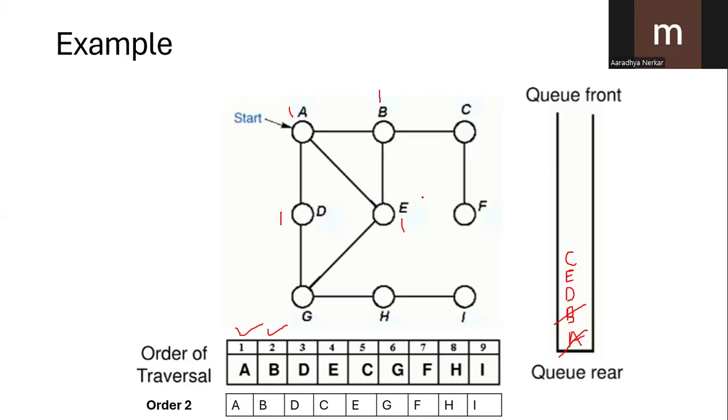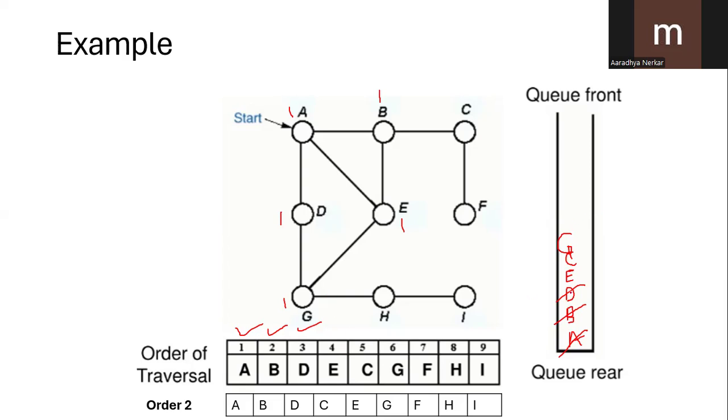After this, the next task is dequeue the element, print it, then enqueue all the adjacent vertices of node D. The adjacent vertices of node D which are not yet visited is only one vertex, that is the vertex G. So mark it as visited one and enqueue it in the queue. So vertex G is enqueued in the queue.